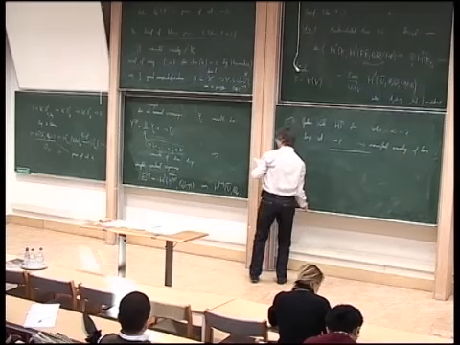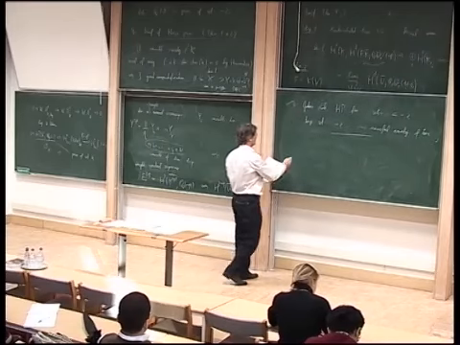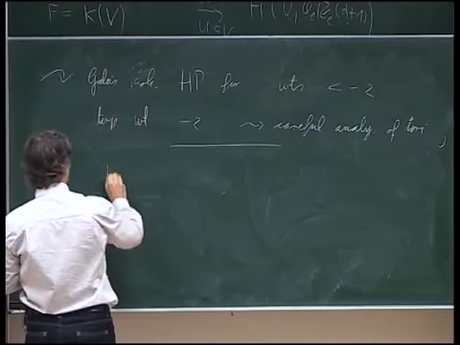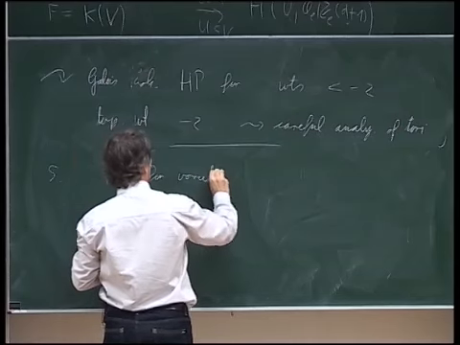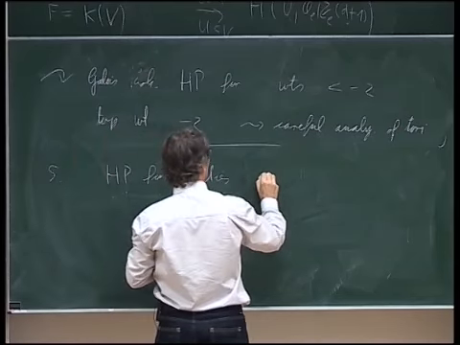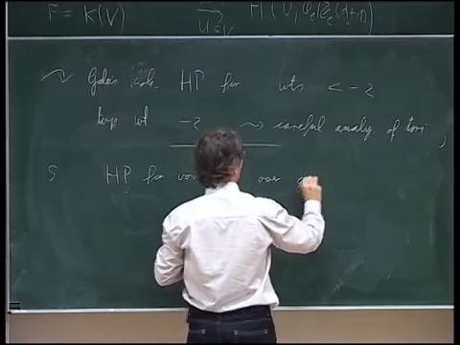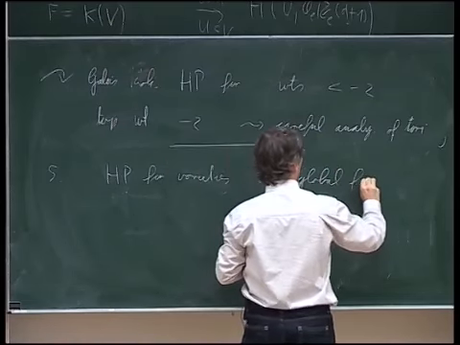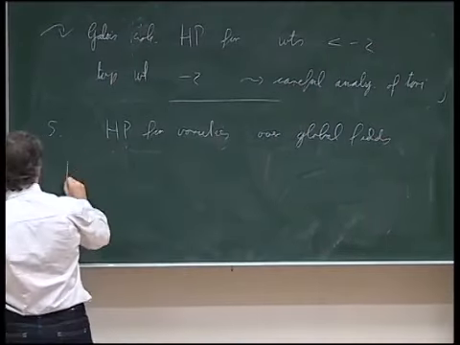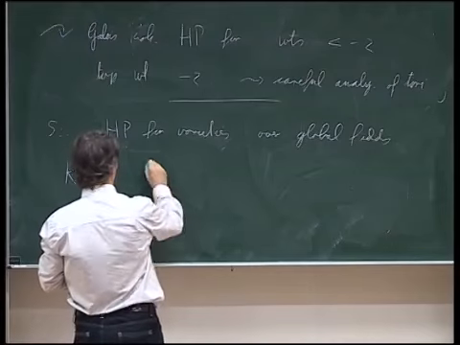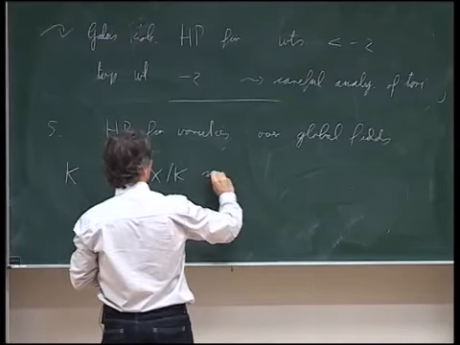Okay, then maybe I can just state the result. 5. So you have a Hasse principle for varieties over global fields. So again, K a global field and X over K smooth projective, smooth proper.